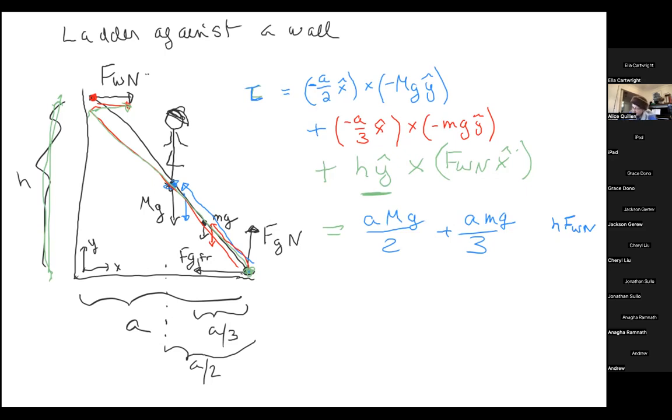What happens is if the friction force is not strong enough, the ladder starts to slip. So remember, the friction force is at most a friction coefficient times the normal force. Once we find the normal force, we solve for the friction force. And if the friction force winds up being bigger than the friction coefficient times the normal force, then the ladder slips.